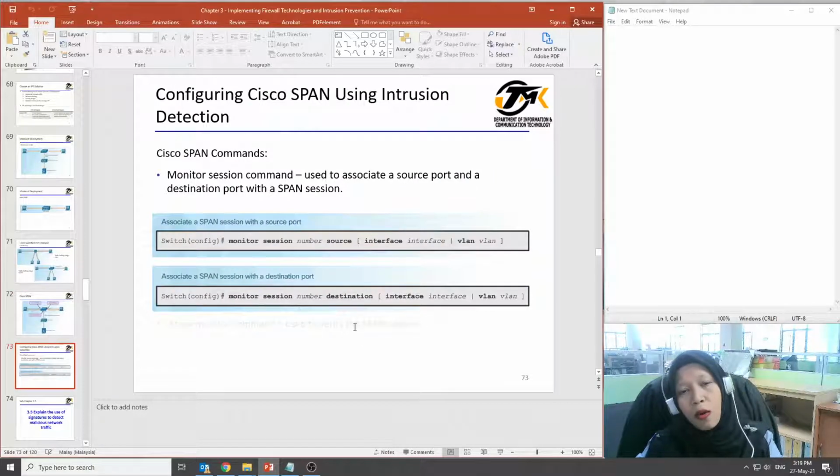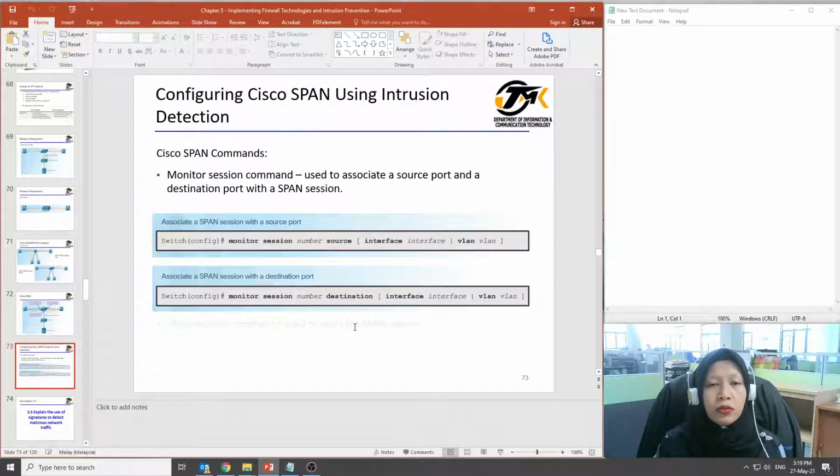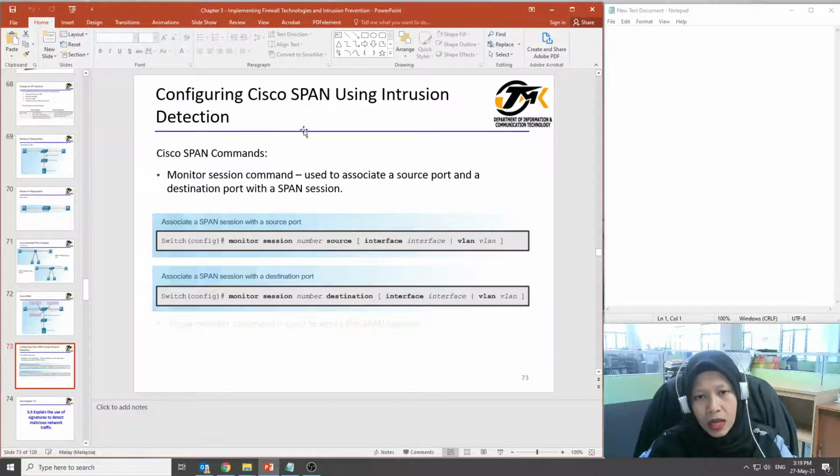So this is the command that we can use to configure Cisco SPAN for intrusion detection. Cisco SPAN means Cisco devices, which are Cisco switches, that can be configured as a detection sensor.